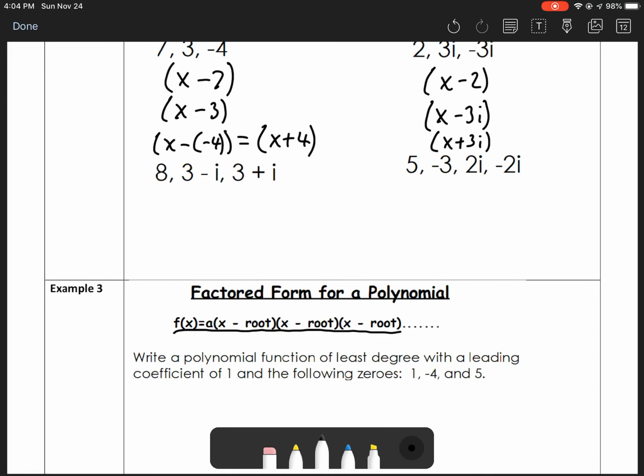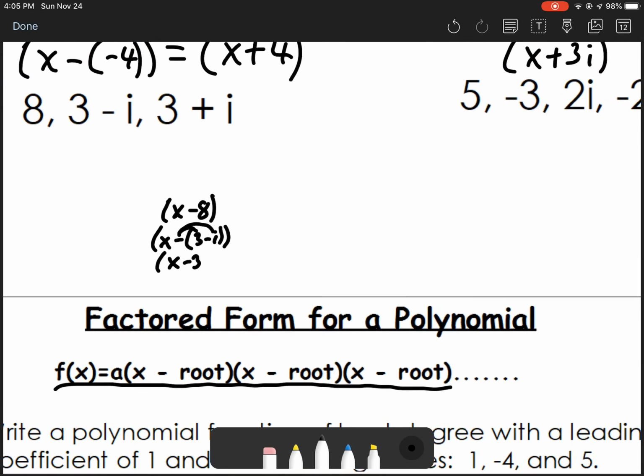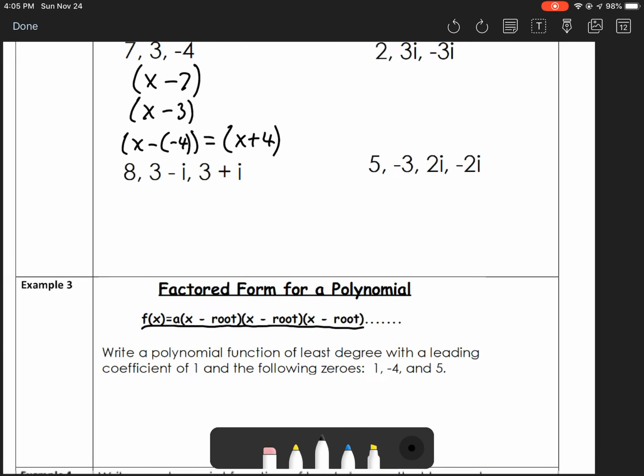These next few get a little bit trickier. So we have 8, 3 minus i, and 3 plus i. Remember, it is x minus our root. So the first one is easy. It's x minus 8. But the second one, for 3 minus i, we're going to put x minus, and then we're going to put 3 minus i in parentheses. We have to be sure to distribute the negative sign to the 3 and the negative i. Let me backtrack here.